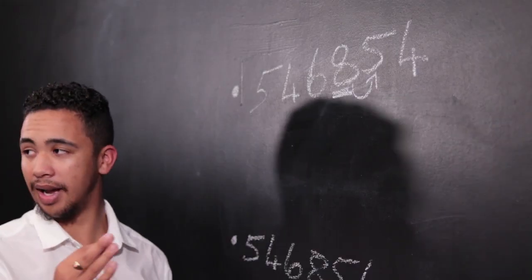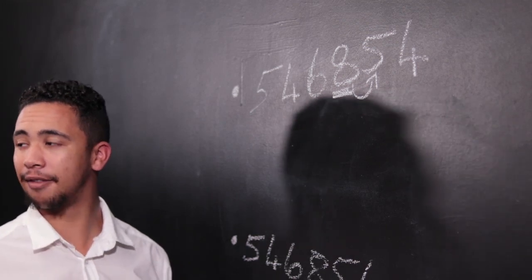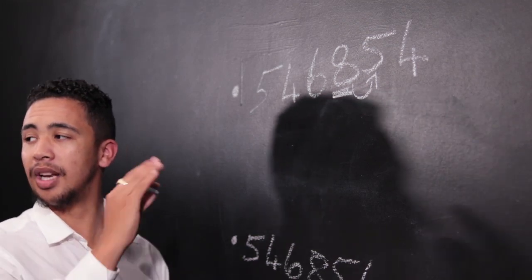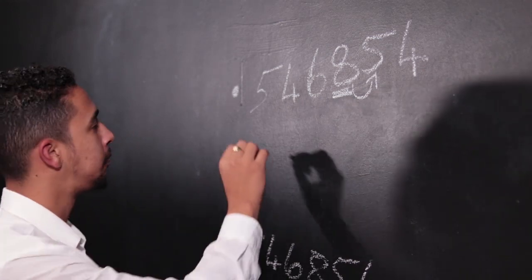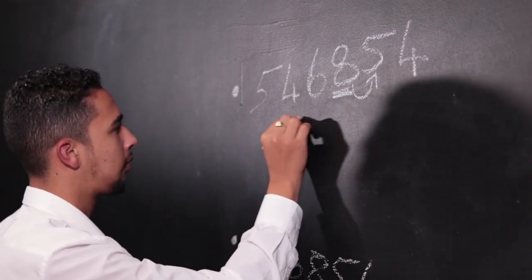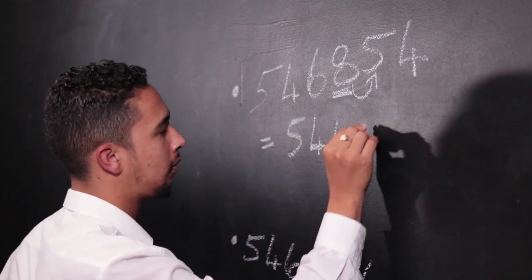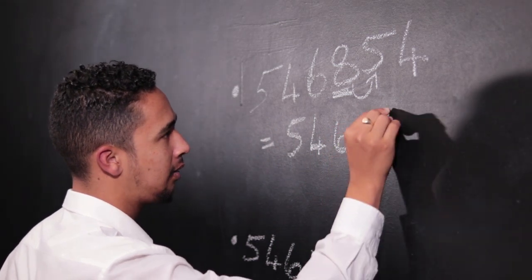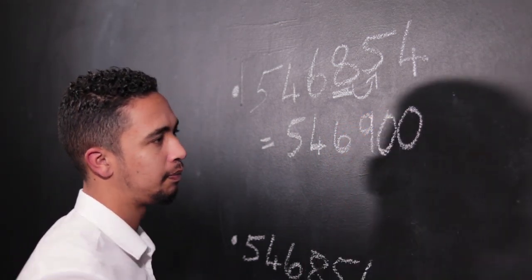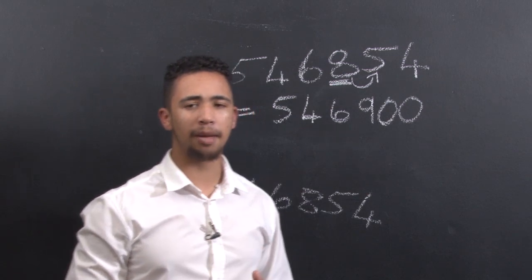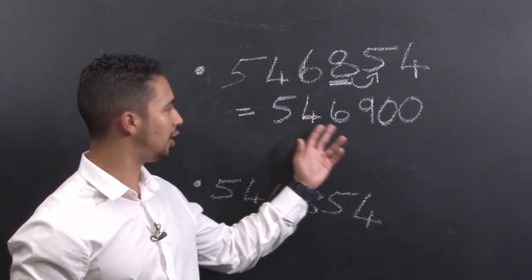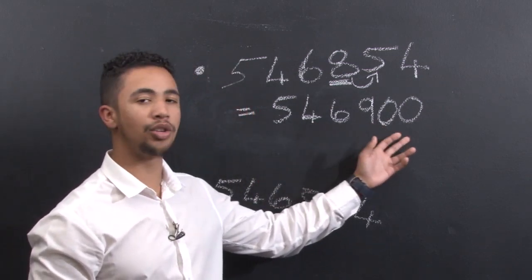Because the number to the right is bigger than 5, the number to the left will go up. Nine. So the number has rounded up to 546,900.